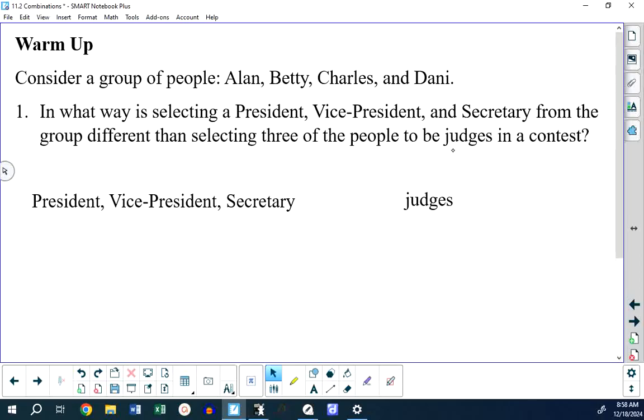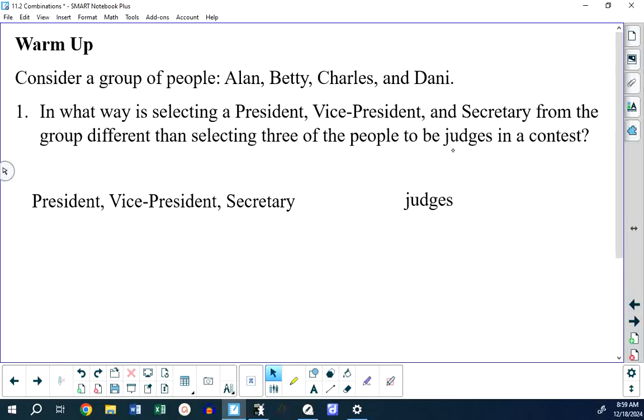Because they're just 3 judges. But when we talk about president, vice president, and secretary, president, vice president, and secretary is different than this person being vice president and then secretary and then president.